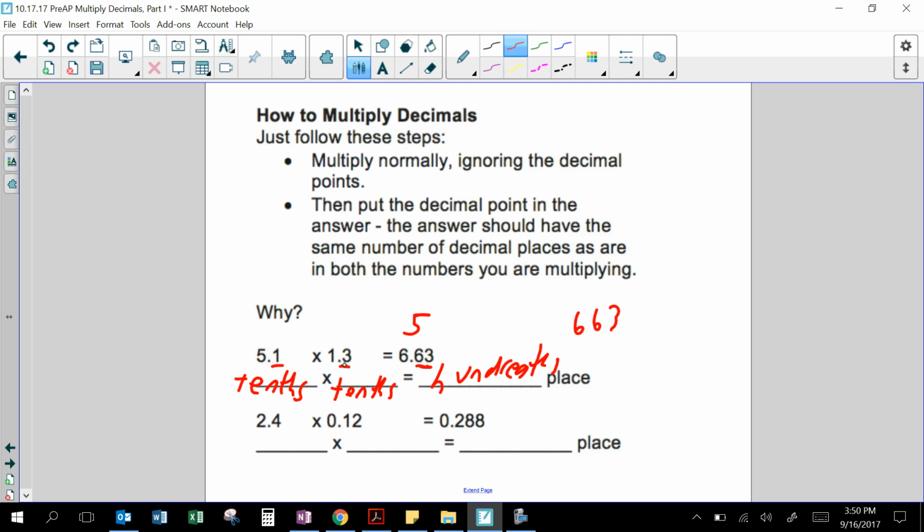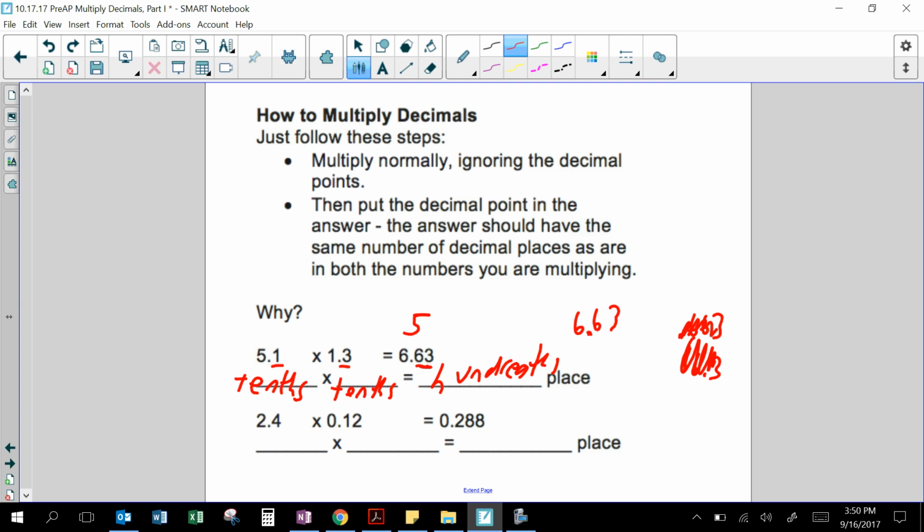Tenths times tenths has to be in the hundredths place. And is 6.63 close to the estimation of 5? It is. Because if you had put the decimal point right here, it is not close to that. If you had put a decimal point right here, 5, the estimated answer, is not even nearly close to the actual answer.